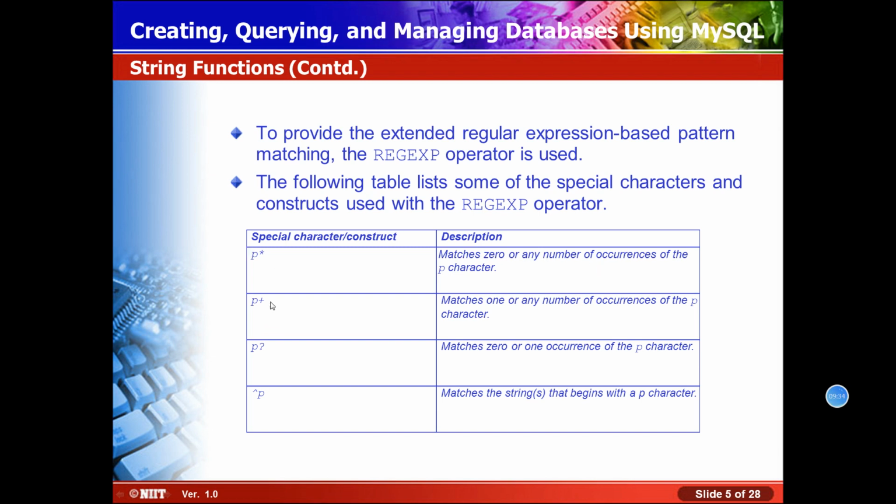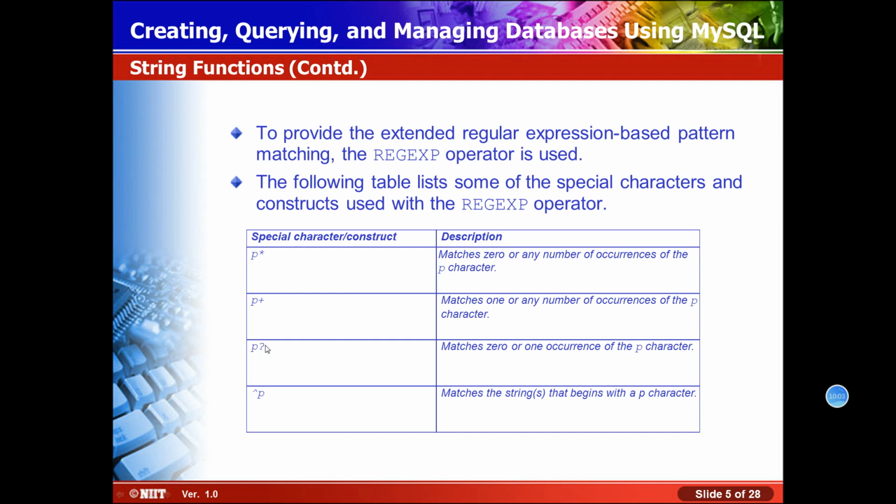Second, plus. It will match 1 or any number of occurrences. That means in the record or in the result there must be at least 1 p. Here, if there is no p, it is okay, it will be displayed in the output. But in this case, if there is 0 p, it will not display in the output.